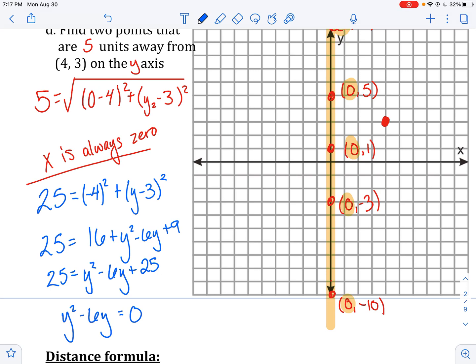Kind of interesting. Let's see, maybe I can divide by y. Maybe that'll help. And I get y to the first minus 6 equals still 0. Or y equals 6.